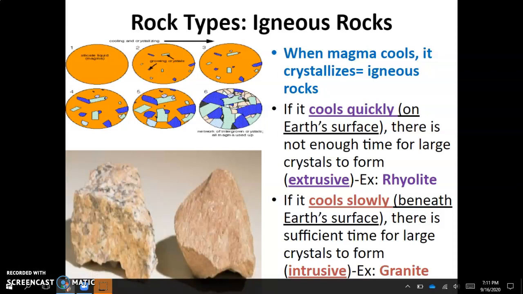If it cools quickly on top of Earth's surface, there's not enough time for large crystals to form. So it is extrusive, so it's smoother. An example of this is something called rhyolite. If it cools slowly beneath Earth's surface, there is sufficient time for large crystals to form, and this is intrusive. So this is where you would get granite. So granite would be an intrusive igneous rock.